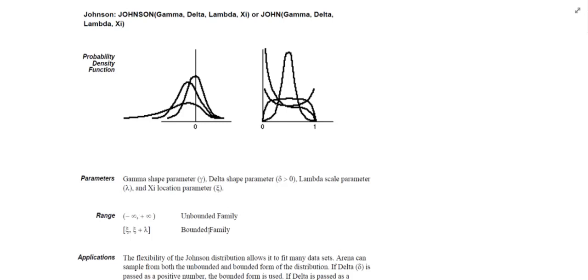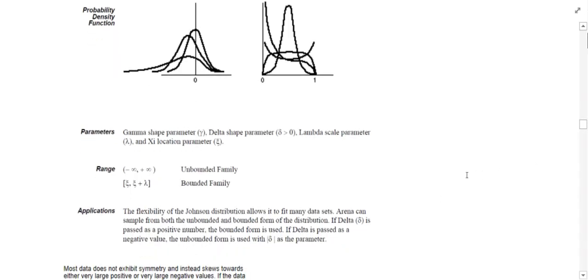So the range on this, there's 2 different ways this distribution can be used, as an unbounded or bounded family. For the unbounded, the range is negative infinity to positive infinity. And then for the bounded condition, you've got your xi location parameter and your lambda being used as your range, or actually your xi location at one end, and then your xi location plus your lambda scale parameter at the other end of your range for the bounded condition.